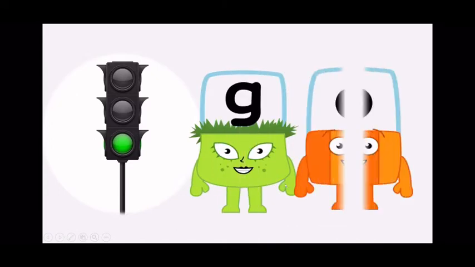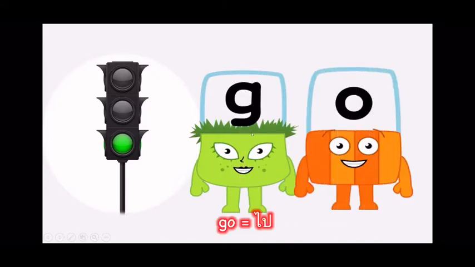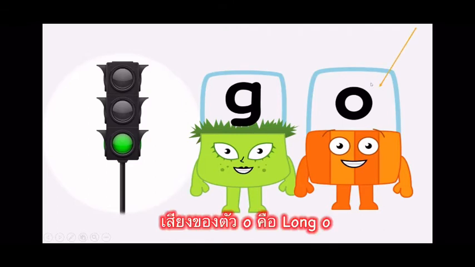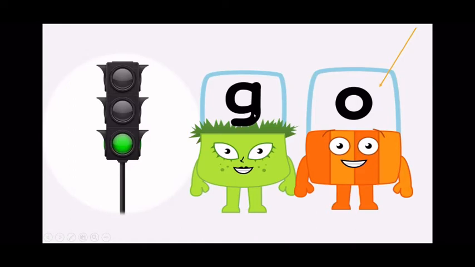Next, we will have another word. When you see a traffic light, the green light means go. Everybody, read go. The letter O here has a long sound. So we say go. One more time: go. The sound of letter O is long.